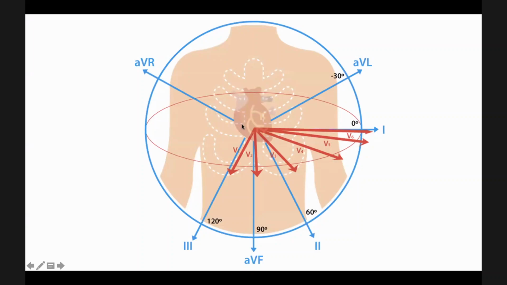AVR is going away from the heart, so in a normal person you see a negative deflection in AVR. AVL and lead 1 look at the heart, so they are positive. Remember these, because when there is right ventricular enlargement you get more positive deflection towards this way, and with left ventricular enlargement the positive deflection goes towards this way.